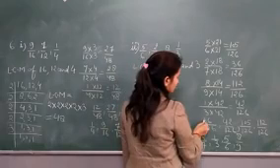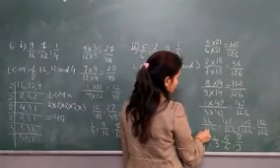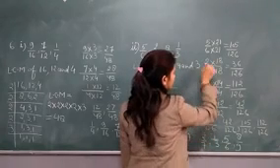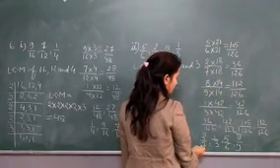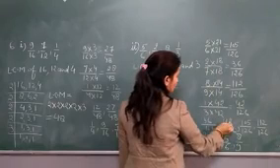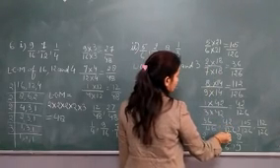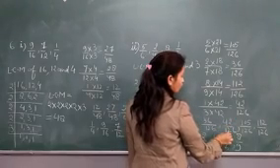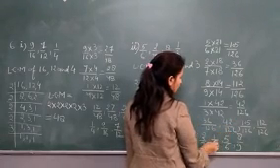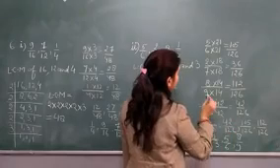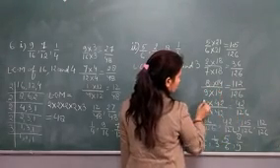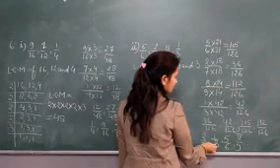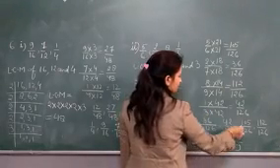We can see here 36 upon 126 is the fraction of 2 upon 7. So we will write here 2 upon 7. 42 upon 126 is the fraction of 1 upon 3. So we will write here 1 upon 3.